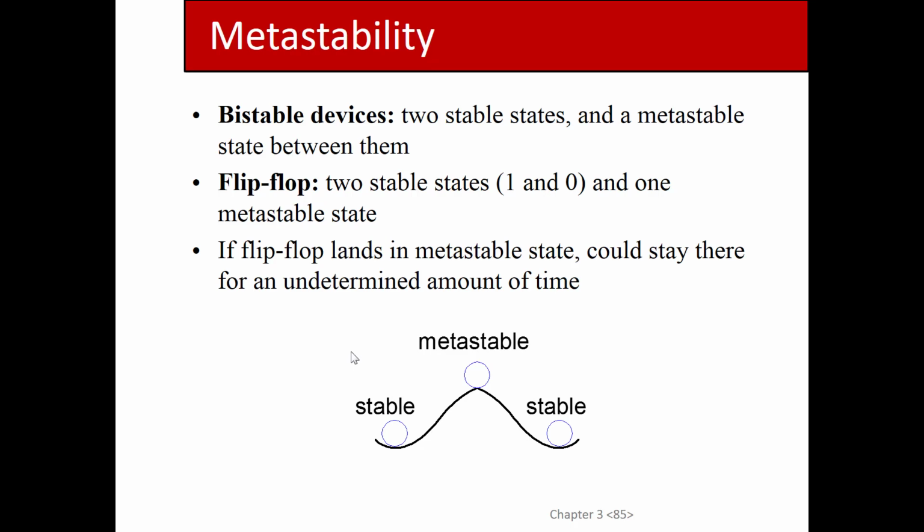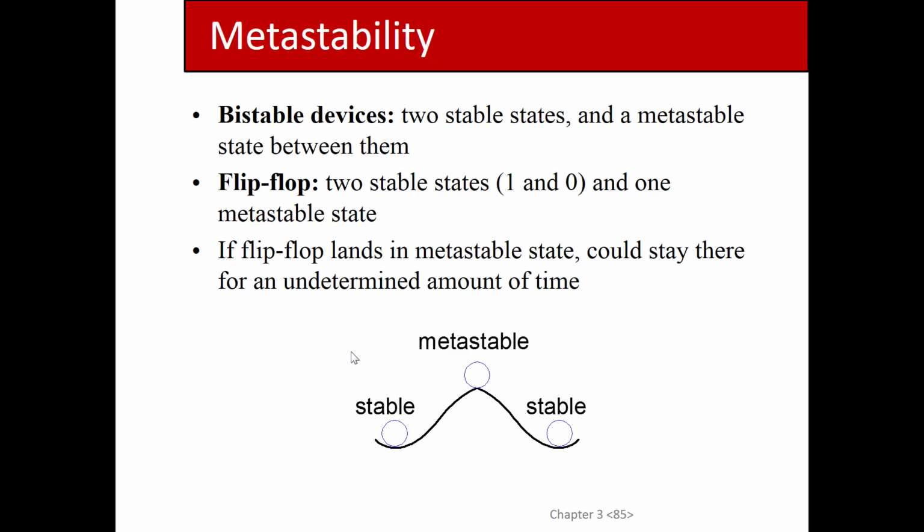Now, the thing about that is it doesn't stay like that forever, because things aren't perfect. So even if you capture a half instead of a 1 or 0, you capture some voltage inside your feedback network, inside your latch.